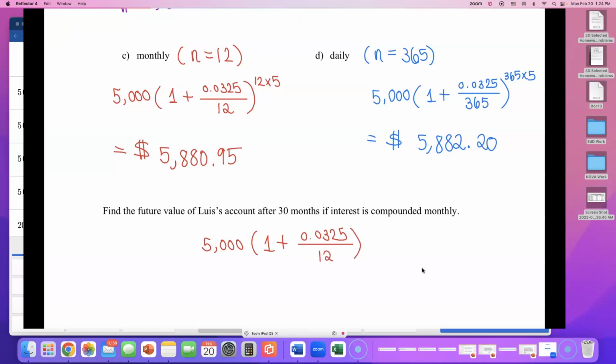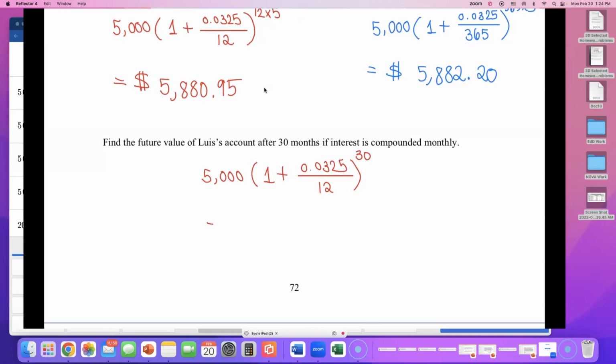But the exponent has to be how many months we are doing this investment. See, for this one, when they said it's a 5-year period, we did 12 times 5 and got 60 to be the exponent. But when they say 30-month investment, I don't really have to come up with how many years that is. Instead, just put 30 there, because that exponent represents how many months we have in this investment period.